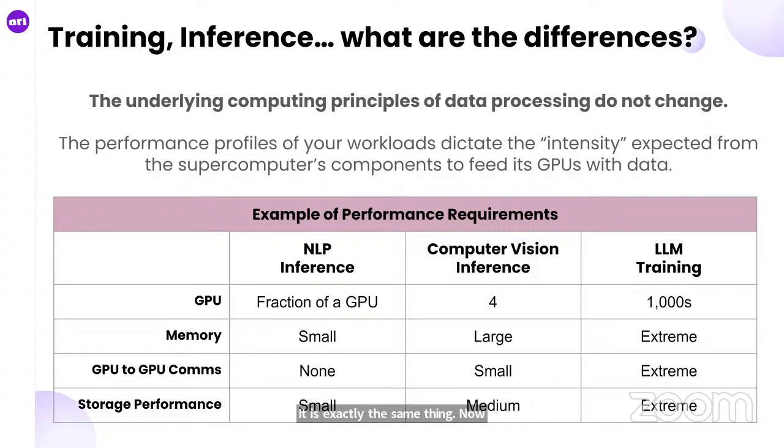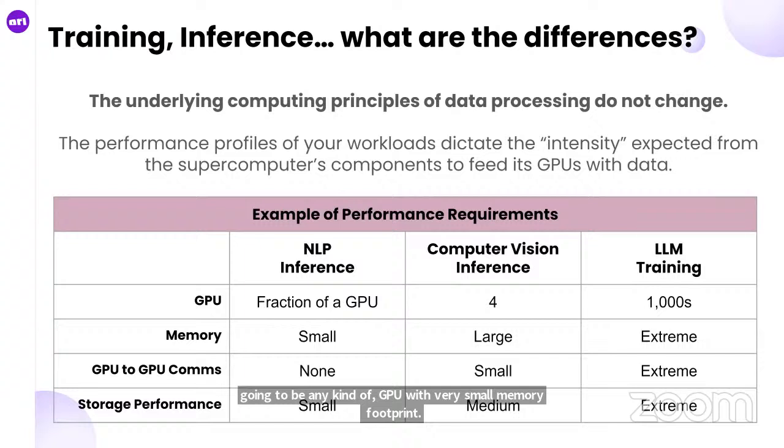Now, obviously, depending on the workload that people are going to be using, the different ingredients that we have seen will have different expectations on them. The type of workload is going to dictate the intensity that will be expected from the supercomputer in order to process the data. Typically, if we're doing an NLP inference, in order to get decent performance, we only need a fraction of a GPU with a very small memory footprint, and there's not going to be any kind of communication from GPU to GPU because all the calculation is done locally.